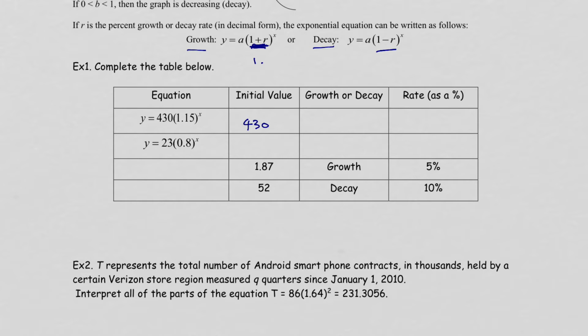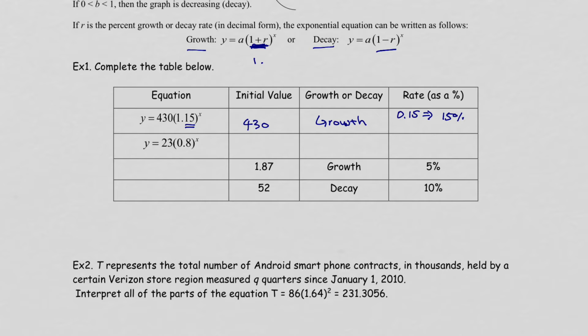If it is smaller than 1, that will be decay. So this one is 1.15, so we will say this is growth. And your rate is going to be this part because it's 1 plus. When you subtract 1 from it, that's going to be the rate. So it will be 0.15, converted to percent, it will be 15%, right?